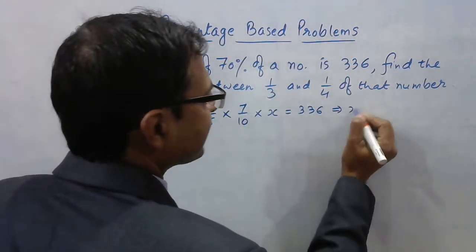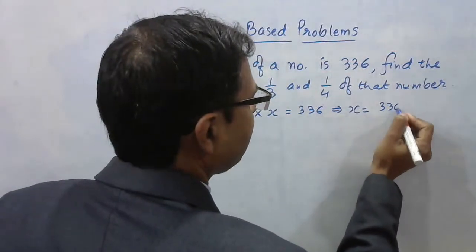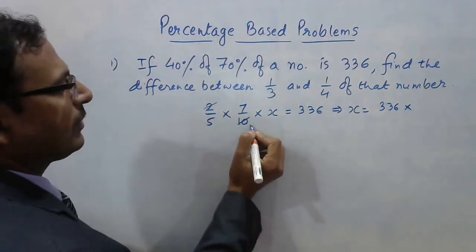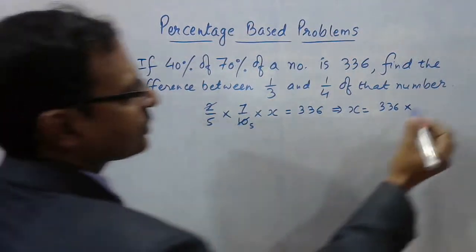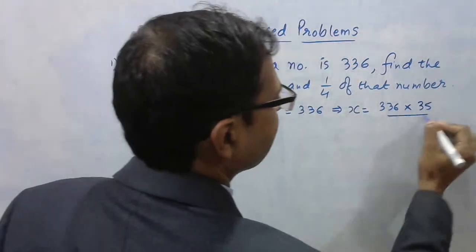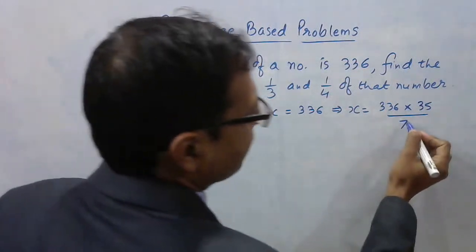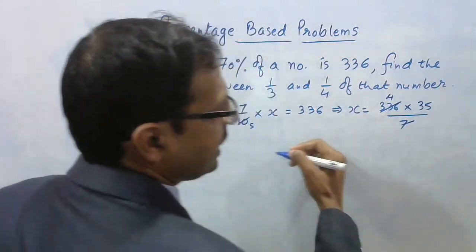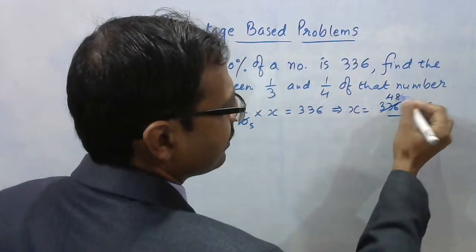So the value of x comes out to be 336 into 50 upon 35. You can cancel this also, 5, so 7 upon 35, so this is 10 upon 7. Now 7 also cancels. 7 4s are 28, 7 8s are 56.